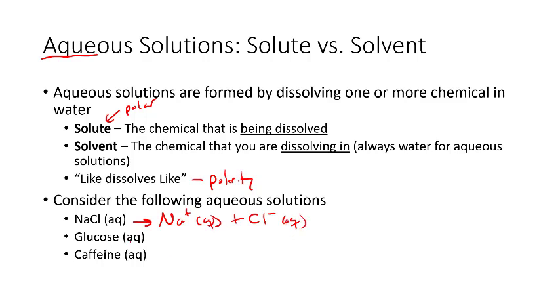Glucose, which is a small molecule, when you put that in solution, is going to dissolve into just that glucose molecule in an aqueous state. Caffeine, for example, if you take solid caffeine and put it in water, will dissolve into just aqueous caffeine. So you see that ionic solids will break apart into their individual ions, but molecules stay together and just change from solid into aqueous state.